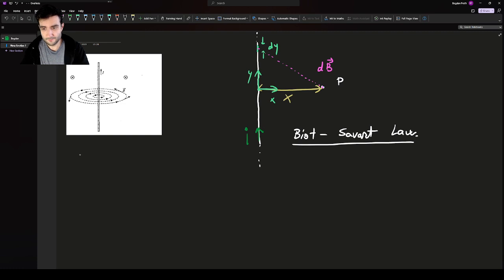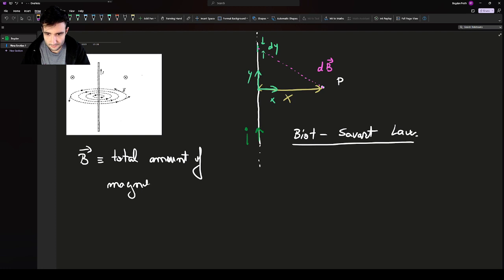So B in this case would be the total magnetic induction at point P, and the quantity dB just represents the contribution of this infinitely small piece of wire which has a length dy.